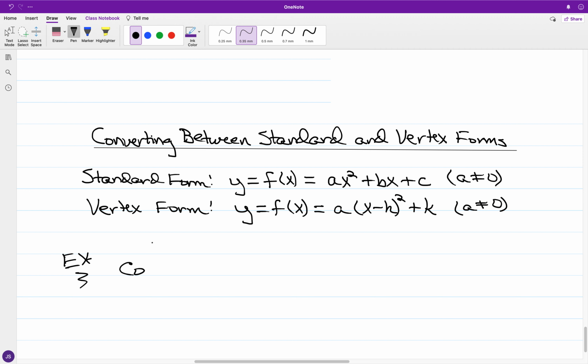If I'm looking at converting a trinomial, I've got a couple in mind. Say if I'm looking at converting f of x is equal to x squared plus 6x plus 8 to vertex form and find the vertex.